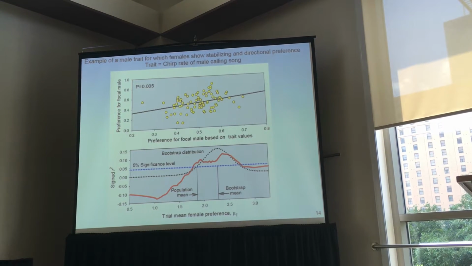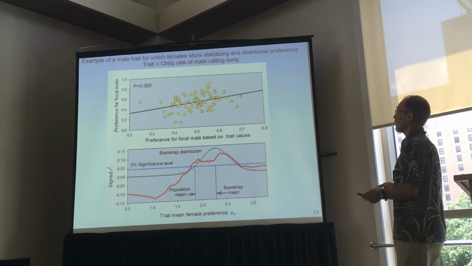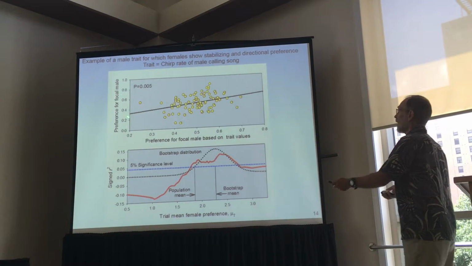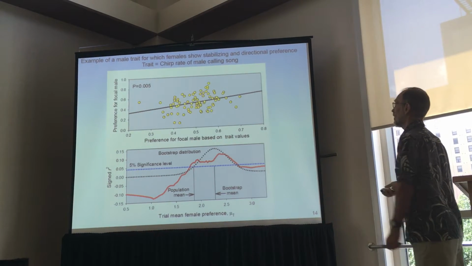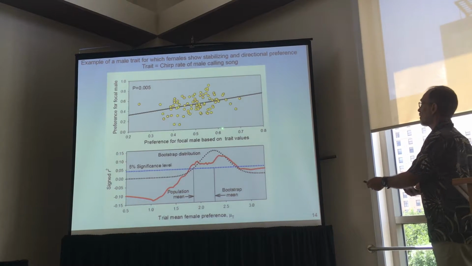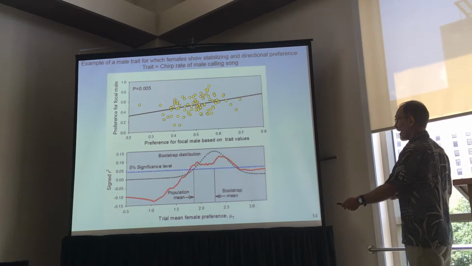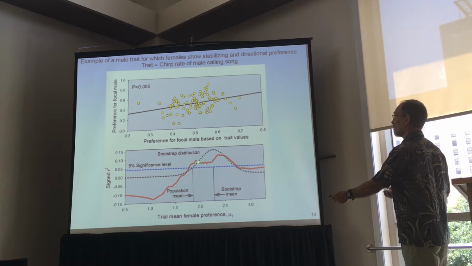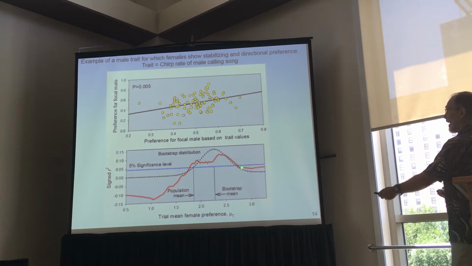Finally, we have a case where we have both directional preference and stabilizing preference acting together. And this is the chirp rate of the male calling song of the cricket. And here you can see there is a highly significant positive correlation, so females prefer males that have relatively high chirp rates. On the other hand, when we do the stabilizing preference test, we find that it goes above the significance level and then drops below the significance level at the higher values.